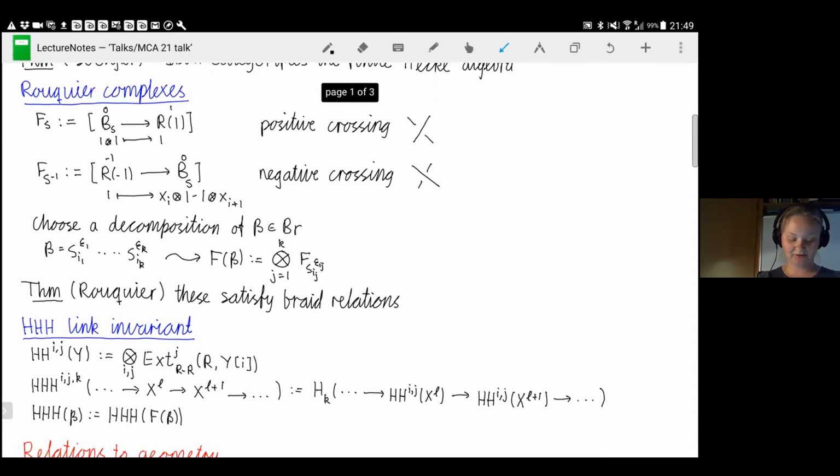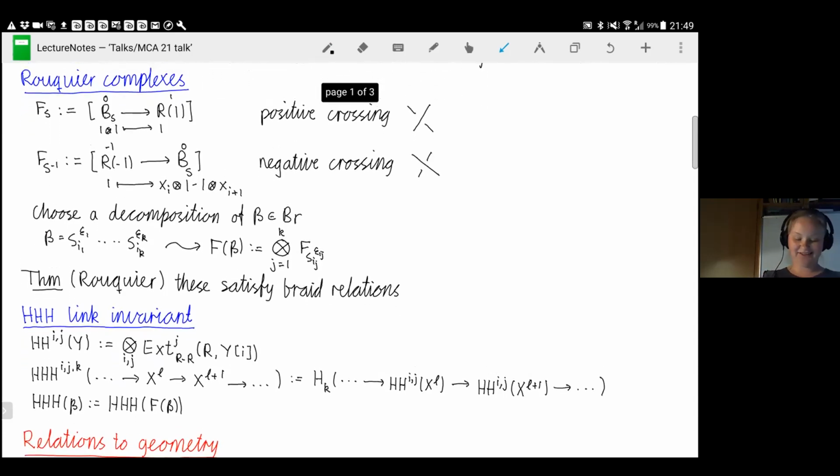Triply graded homology is then, well, if having a giant complex with 2 to the number of crossings parts wasn't enough, to each of the terms in the complex you have to take Hochschild cohomology, which is defined like this. Then your triply graded homology is to take Hochschild cohomology of each of the terms in your giant complex, and then take the homology of this complex.